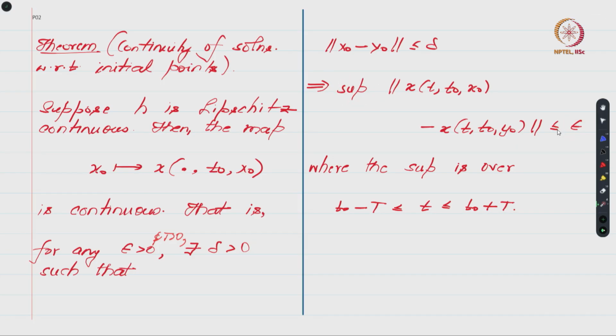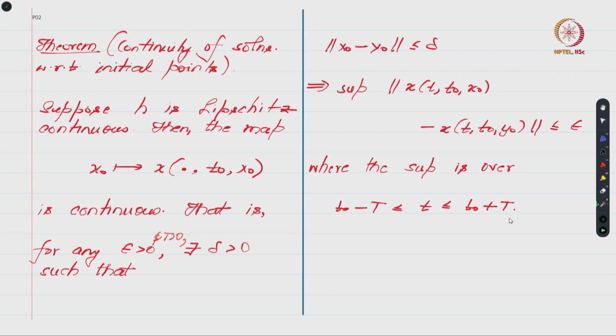So let us understand what this is and what this is. This is the solution trajectory to the initial value problem which passes through x naught. This is the solution to the initial value problem which passes through y naught, and we are comparing the distance between them at a time instance t, and again notice that both the solution trajectories start at t naught and pass through x naught and y naught respectively, and the supremum over here is taken for all t which is between t naught minus capital T and t naught plus capital T.